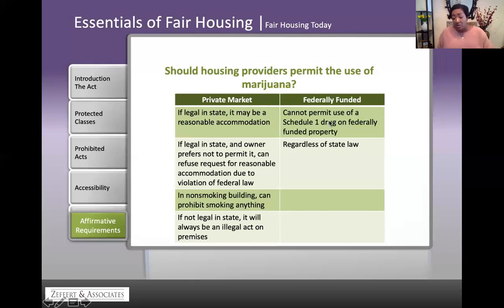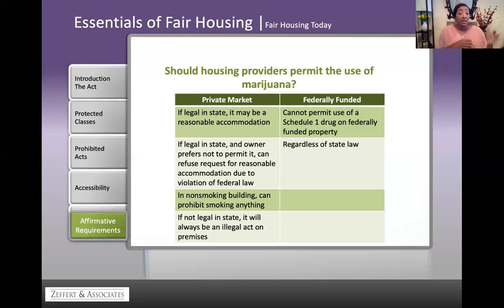And this is also a hot point for individuals that find themselves, unfortunately, that legitimately, we'll say they have their medical marijuana card.